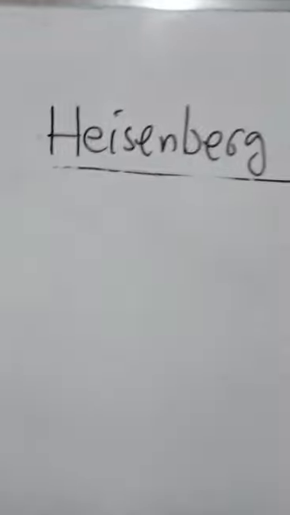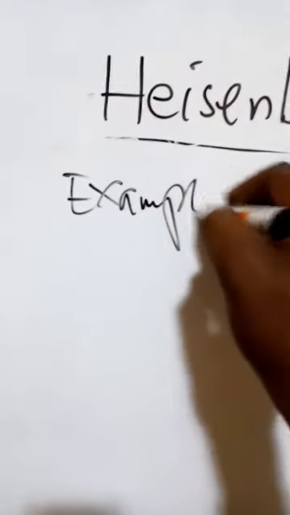So now we can have an example where we are going to calculate the uncertainty in position for an electron.